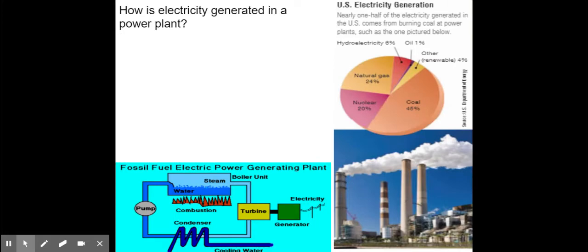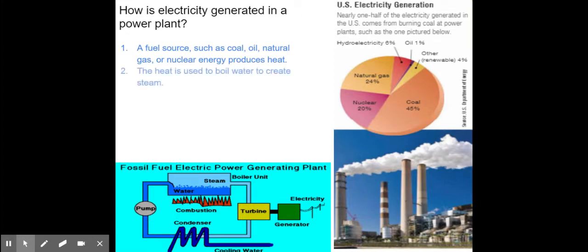How is electricity generated in a power plant? A fuel source such as coal, oil, natural gas, or nuclear energy produces heat. The heat is used to boil water to create steam. The steam under high pressure is used to spin a turbine.